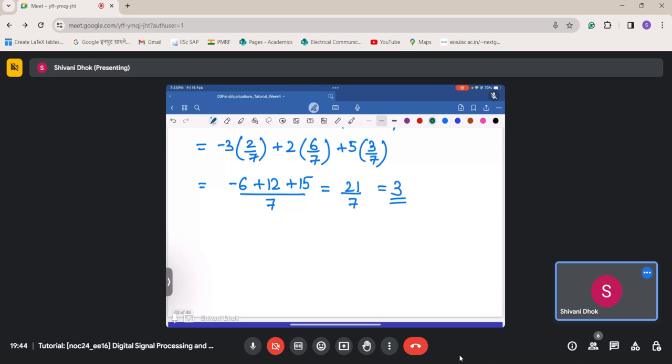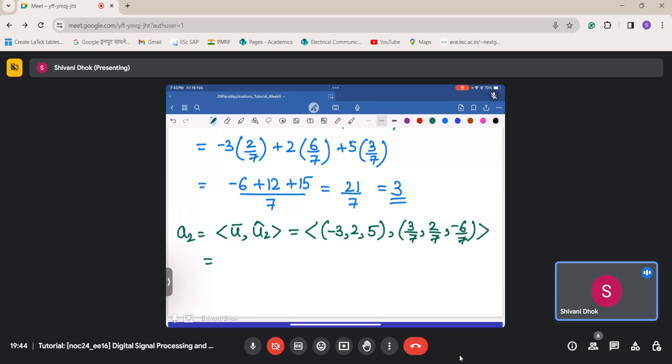Similarly, I can find A2, which is the inner product of U bar with U2 cap. This is the inner product of the vector minus 3, 2, 5 with 3 by 7, 2 by 7 and minus 6 by 7.